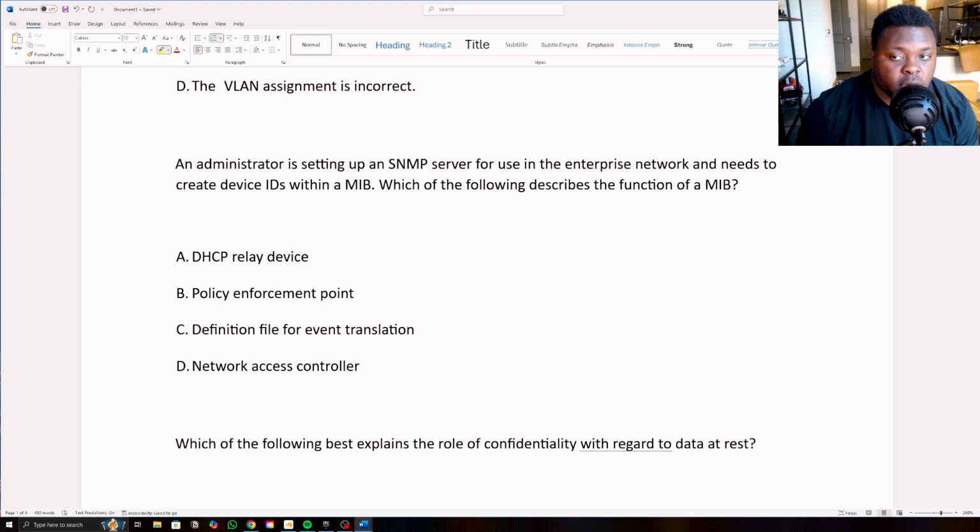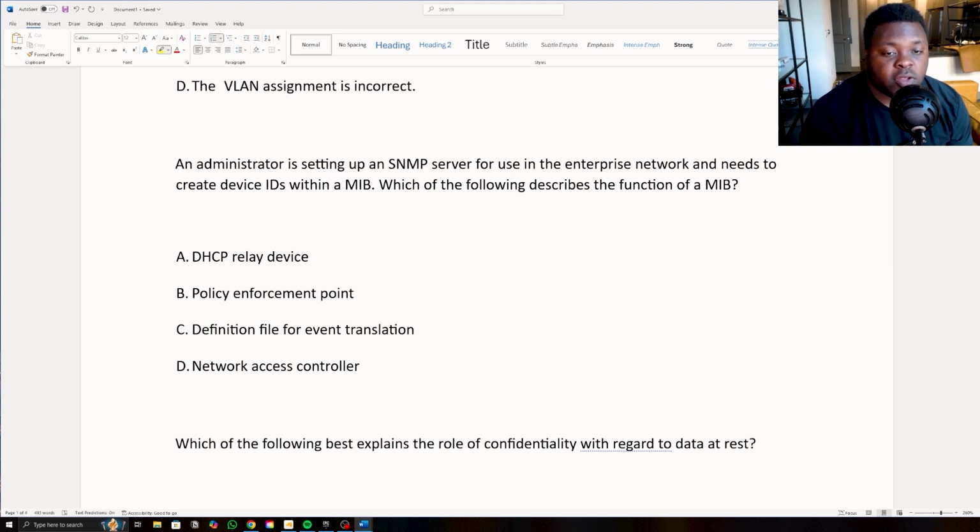Okay, taking a look at this question. Looks like we have an administrator that is setting up a simple network management protocol server. And he's using a MIB, which is a management information base, to create some device IDs.